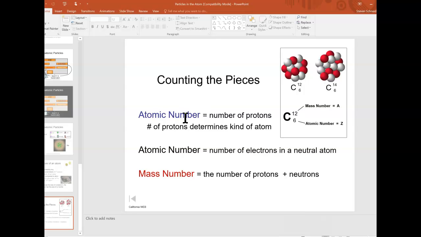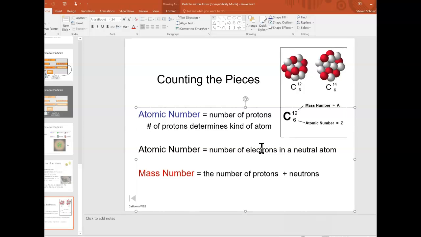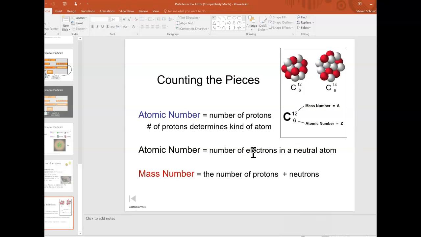So counting the pieces. Atomic number is the number of protons and determines the kind of atom. That number never changes. Atomic number is the number of electrons in a neutral atom as well. Neutral being key. The number of electrons can change, but for right now in the native state, we'll find that they're equal.